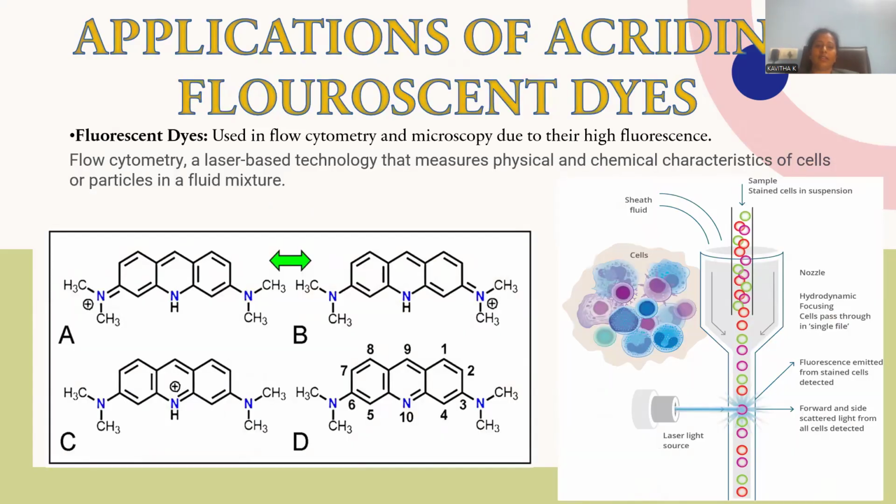And other fluorescent dyes are available, and they are used in flow cytometry and microscopy as well, right? In order to operate with tiny cells and tiny microorganisms, it is very essential to use glowing agents. The glowing agents, which are fluorescent in nature, are essential to bind with them, so that we can visualize the molecules which are very tiny in nature, right?